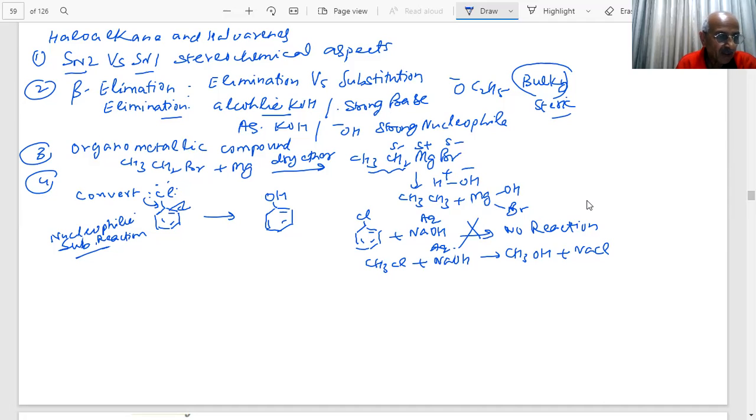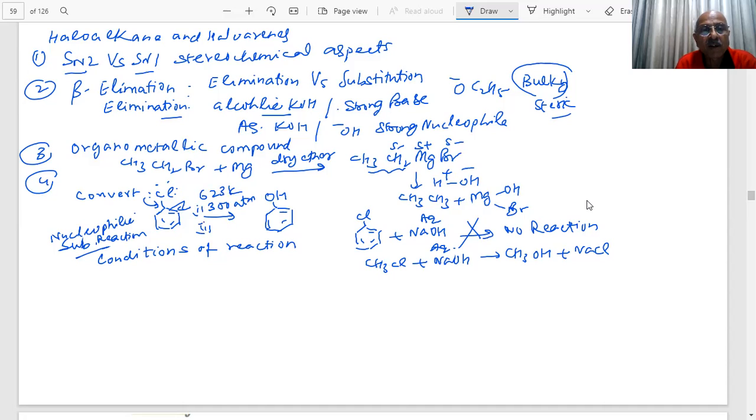Yes, sir. So we have to mention, students, that the process is called the Dow process, which has been asked repeatedly in the paper. We have to mention the conditions of the reaction. Conditions are very important, students. We must mention the conditions of the reaction. I told you for every reaction some condition is involved. What is the temperature? 623 Kelvin and pressure is 300 atm, which is a very high pressure.